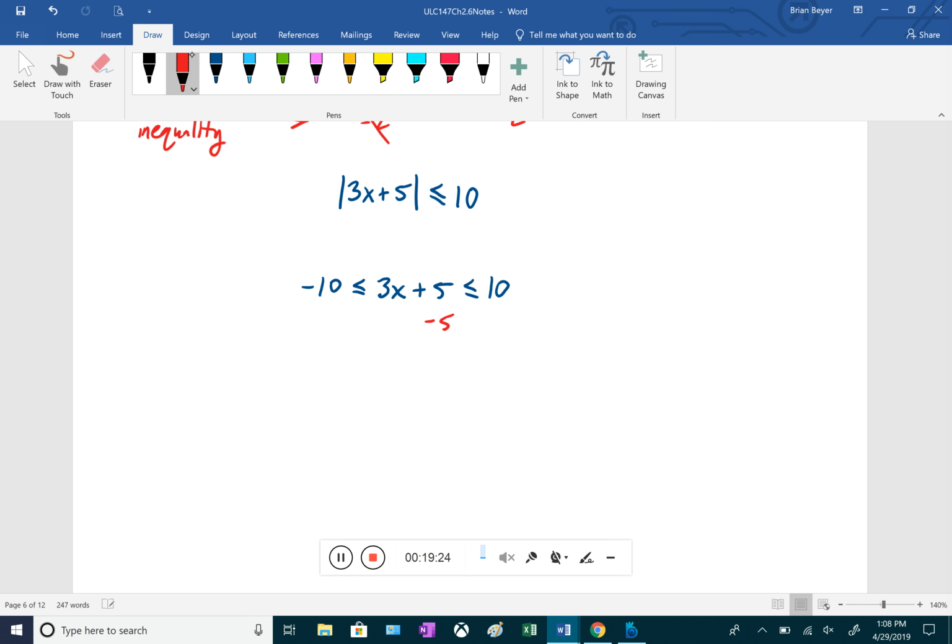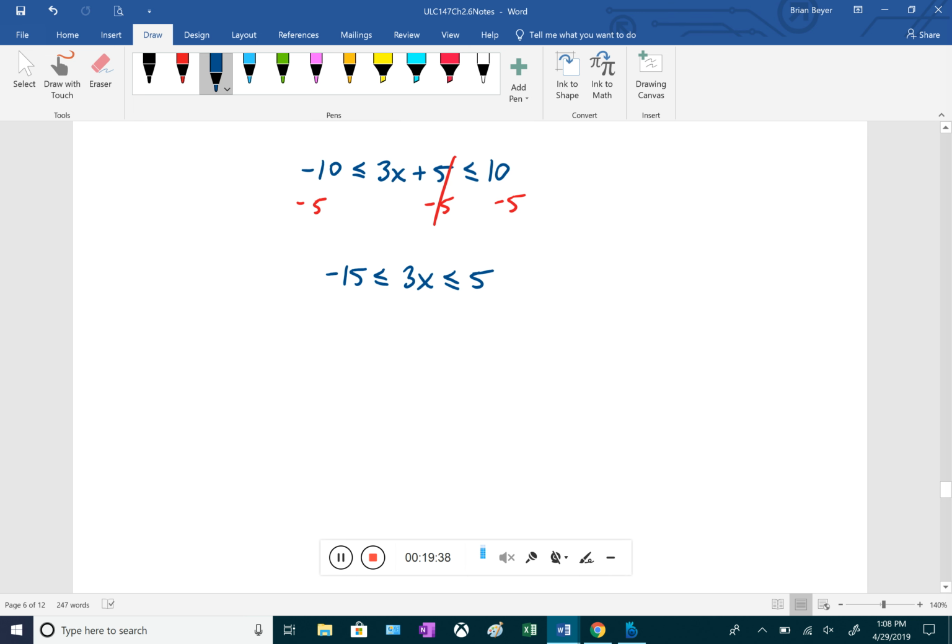So we have to subtract 5 from all 3 sides here. So negative 10 minus 5, that's negative 15, less than or equal to 3x, less than or equal to 5. And now we have to divide this 3 off because it's multiplying it.